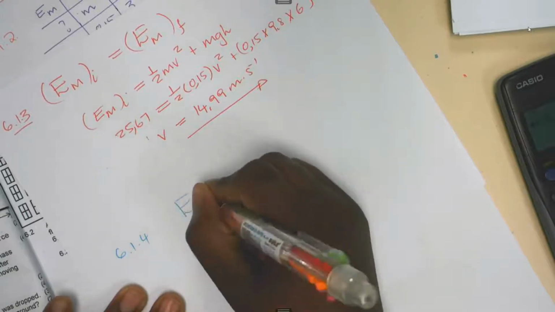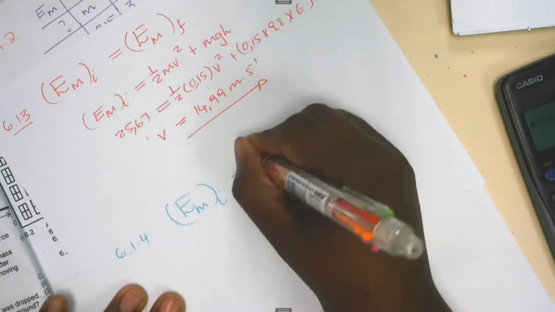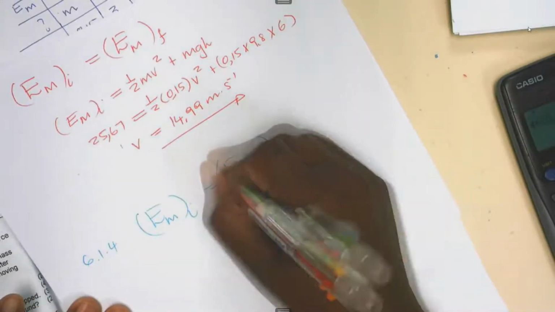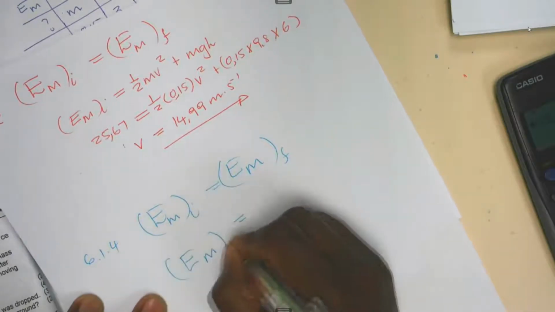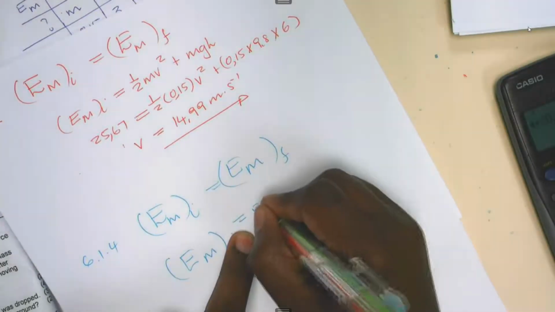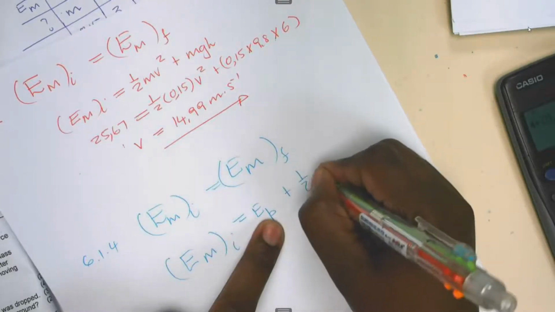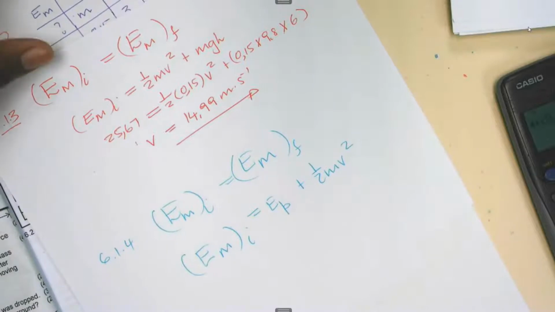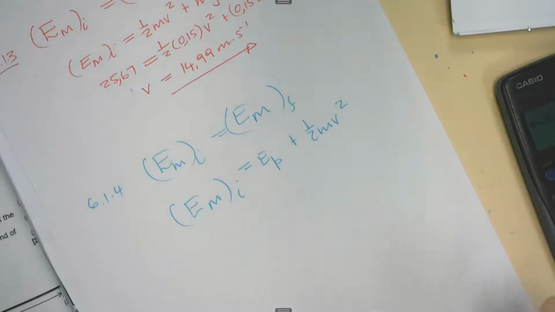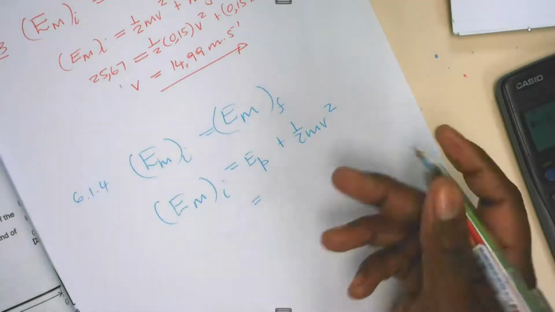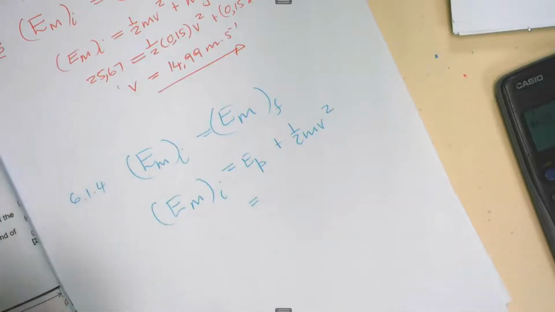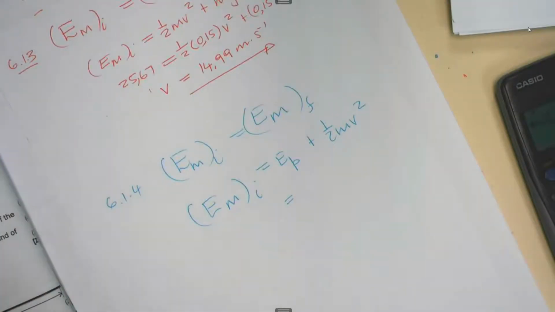We have EMAC initially, and now our EMAC final. Now EP is 0 plus half mv squared. Sometimes we just break down the side of the formula that you need to calculate a variable from. EMAC stays the same, it doesn't matter where the object is.